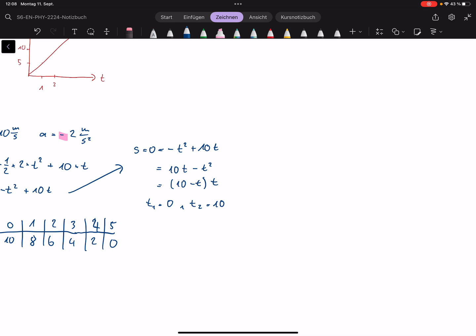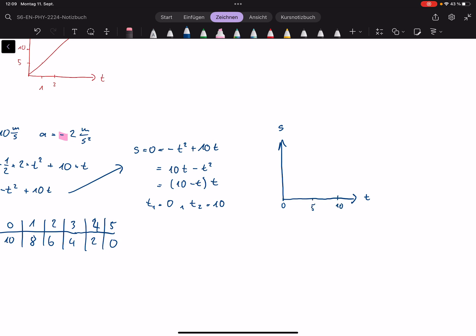So when we draw the graph, we know that it has 2 zeros, and the parabola is upside down. So if we draw a diagram with s and t, we've got 0 here and 10 here.